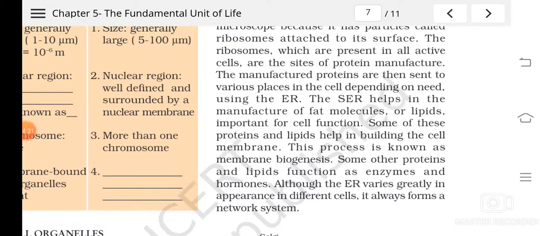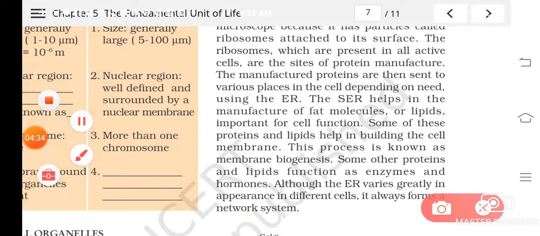SER's main function is that it is a site of manufacture of fat molecules or lipids. Fats are synthesized in SER. These fats and lipids, along with proteins, are needed for the synthesis of membrane. We have seen that the membrane structure is mainly made up of lipids and proteins.